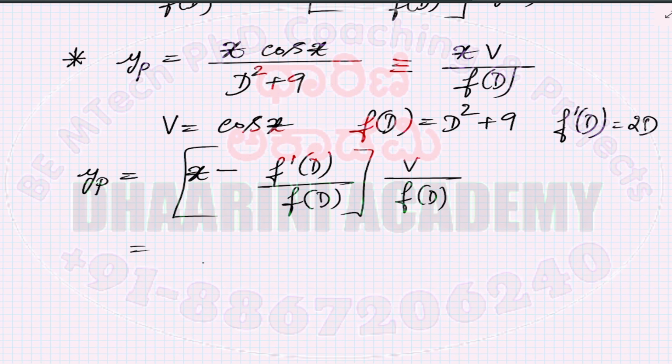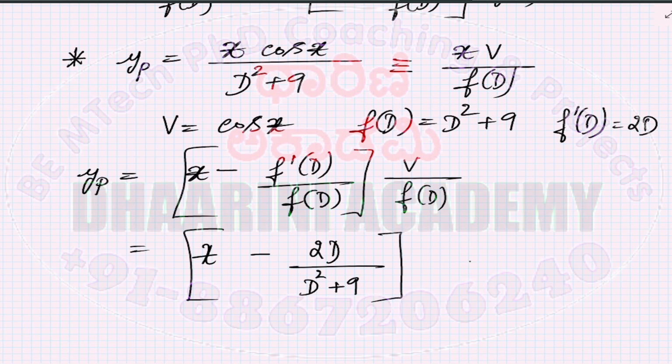This is x minus f dash of D, which is 2D, divided by f of D, which is D square plus 9, inside the bracket, into cos x divided by D square plus 9.